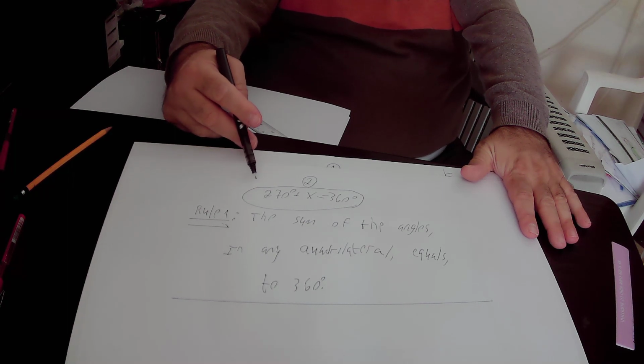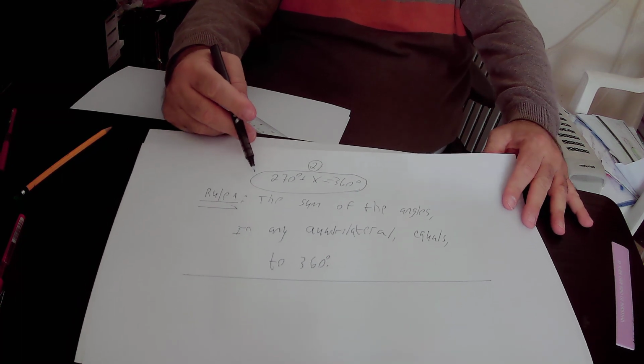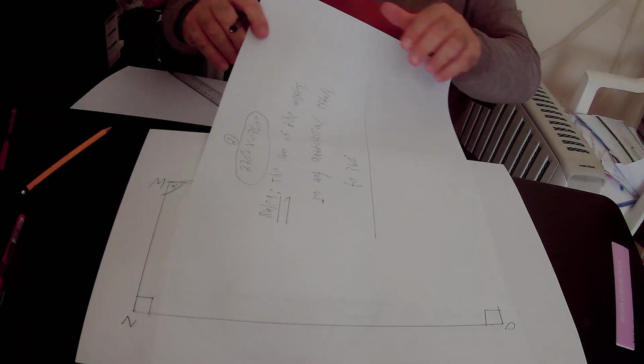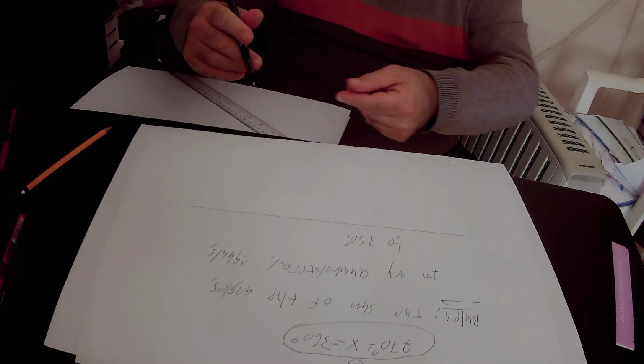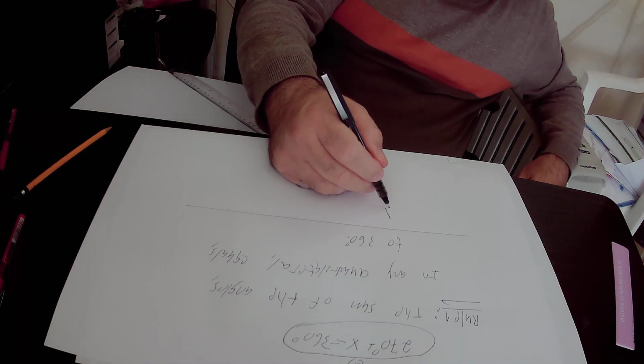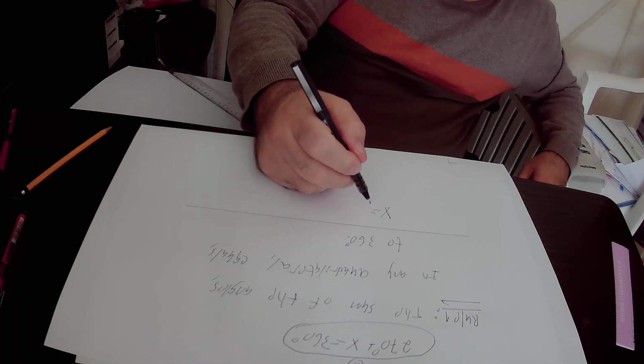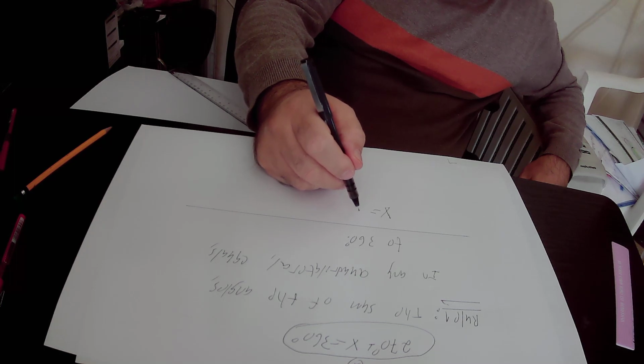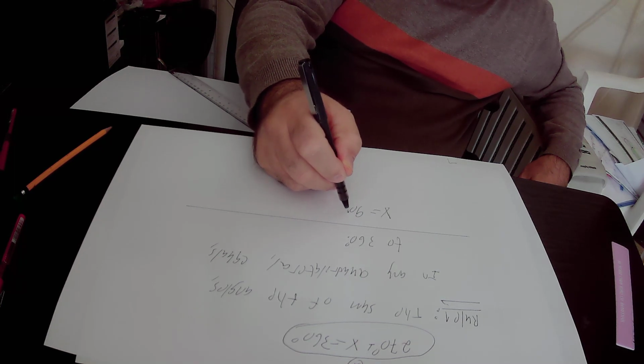Here we will subtract 270 degrees from this equality, and we will get that angle X equals 360 degrees minus 270 degrees, which is 90 degrees.